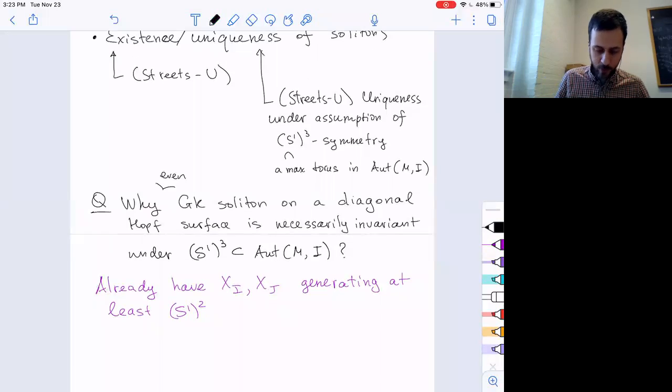Perhaps I will not go into details, but the point is that the rigidity result which I mentioned above, the rigidity result in a given generalized Kähler class, implies the existence of a third vector field.